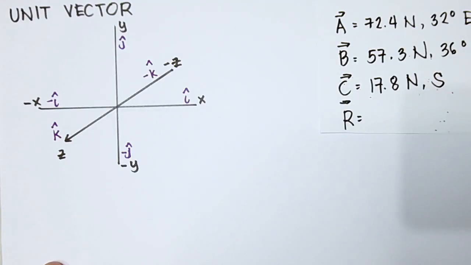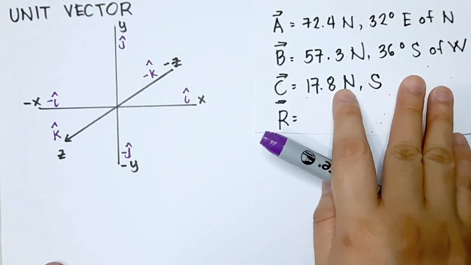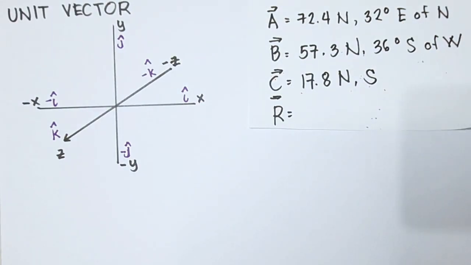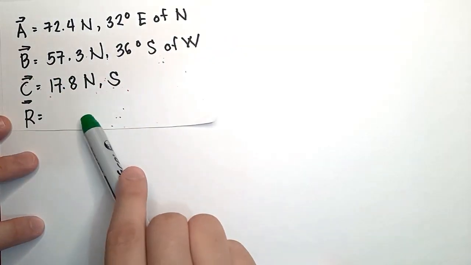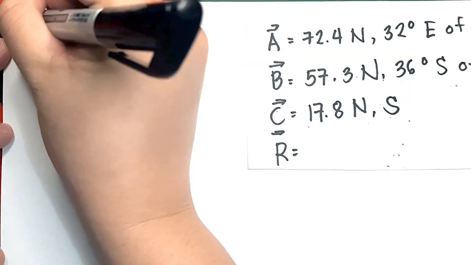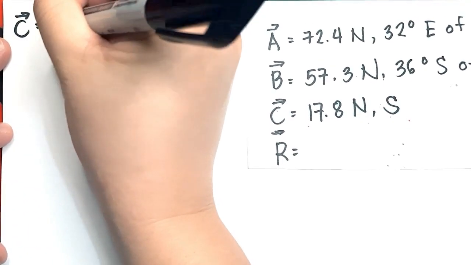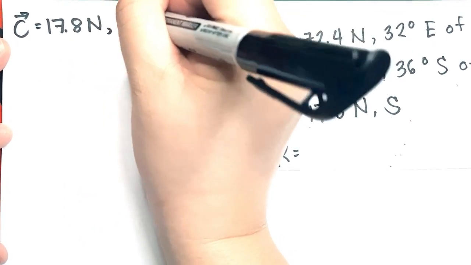For now, we will focus on how to convert from these directions into a unit vector, in 2 dimensions. For example, let's go to vector C. Let's convert that one. Vector C is equal to 17.8 Newton south.